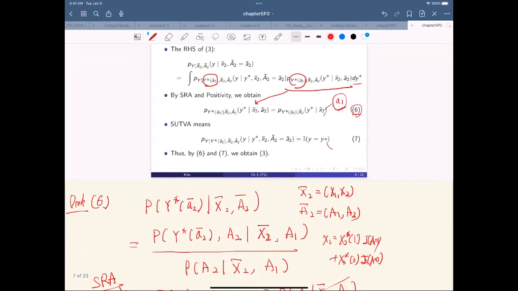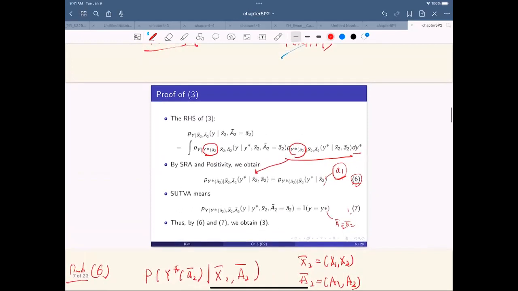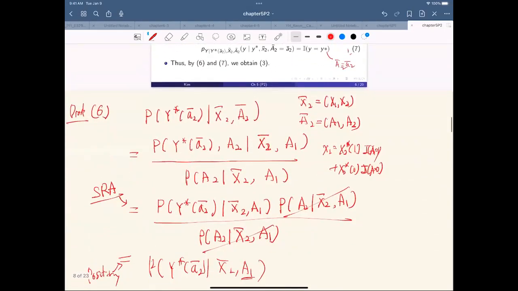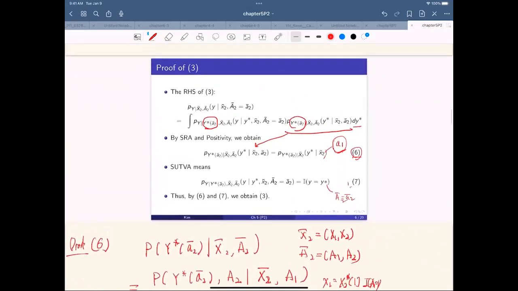I think somehow here we have something like this. In equation 6, the potential outcome Y should be independent of A2 given X1, X2.